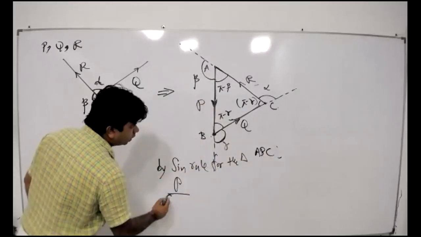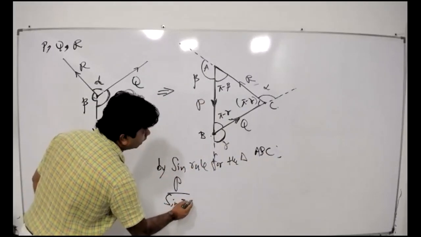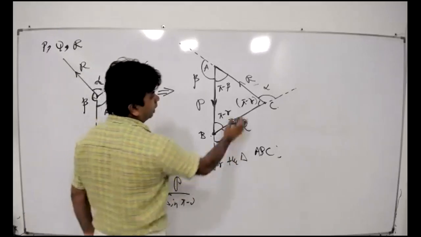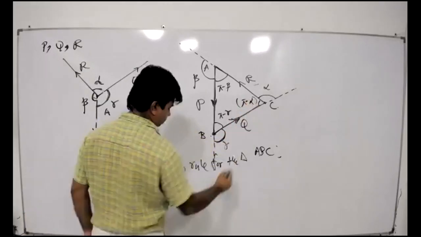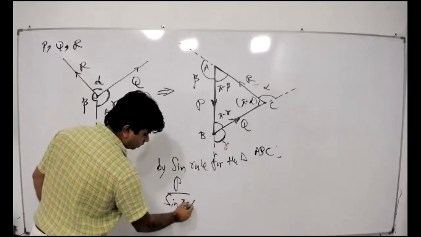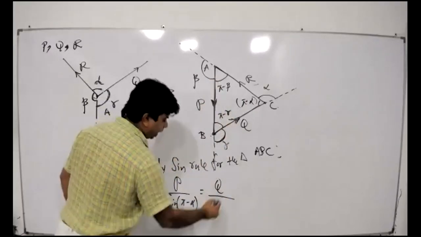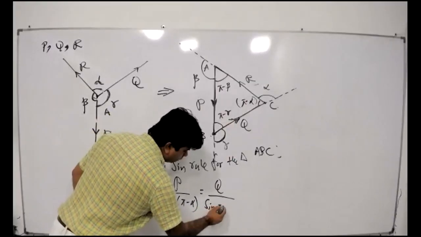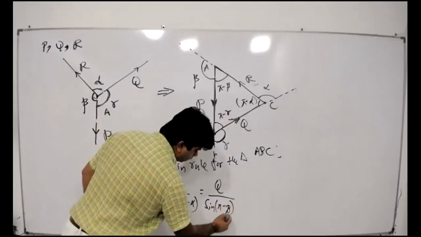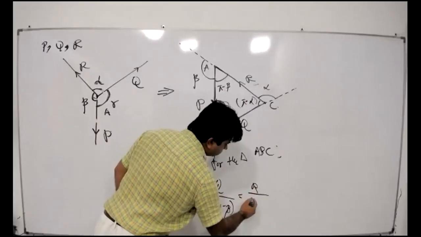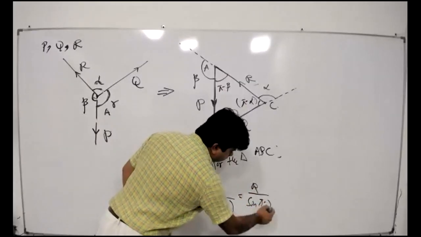P over sine of pi minus alpha equals Q over sine of pi minus beta equals R over sine of pi minus gamma.